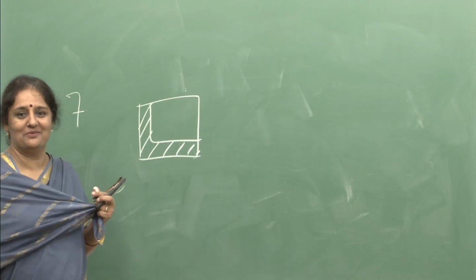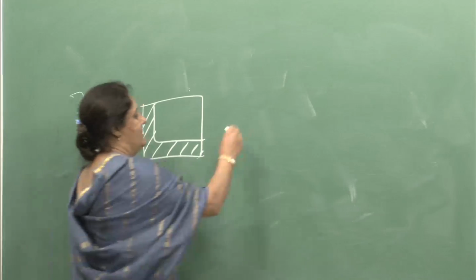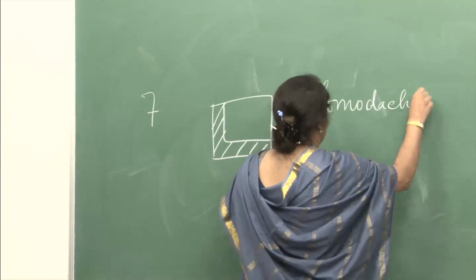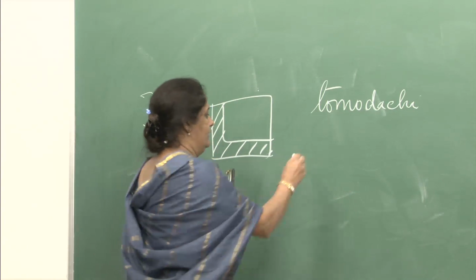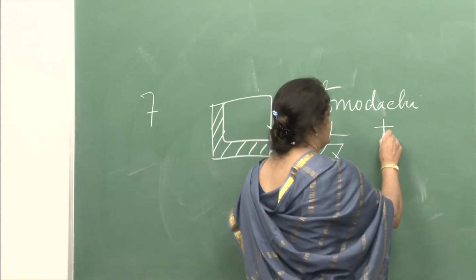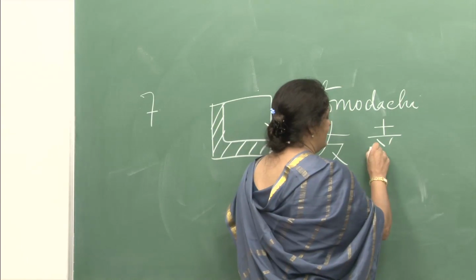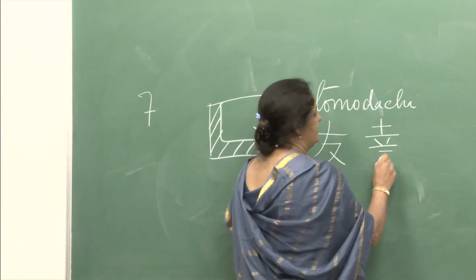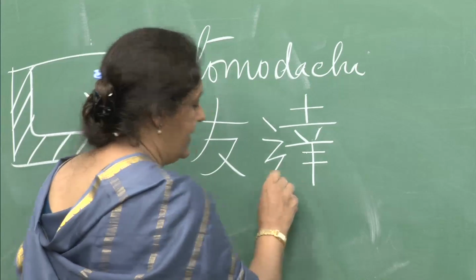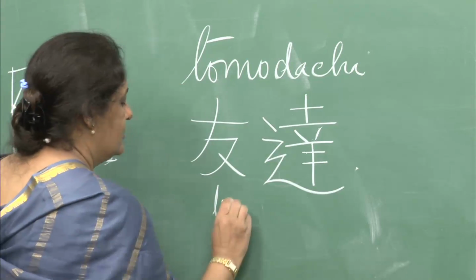Now, what is the word that we have done with this? We have done tomodachi, tomo, and 1, 2, 3, 4, 5, 6, 7, 8, 9, 10, 11 and 12.